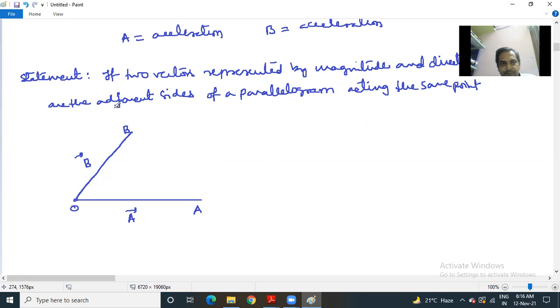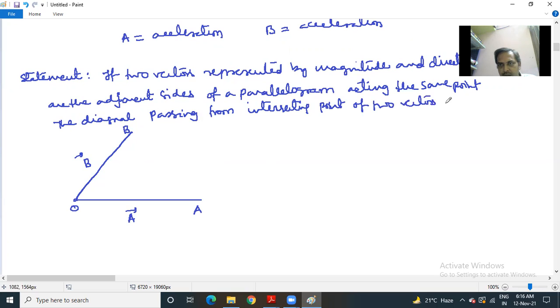The diagonal passing through the intersecting point of two vectors represents their resultant, with magnitude and direction.